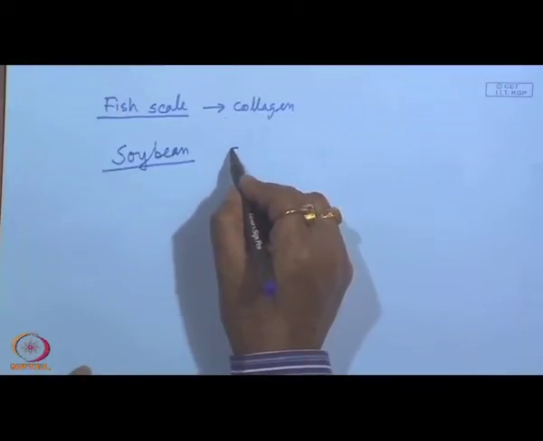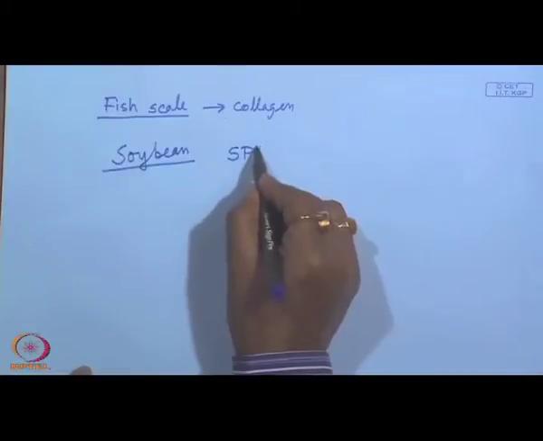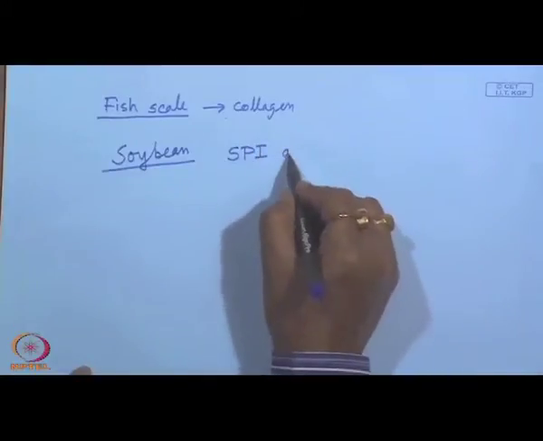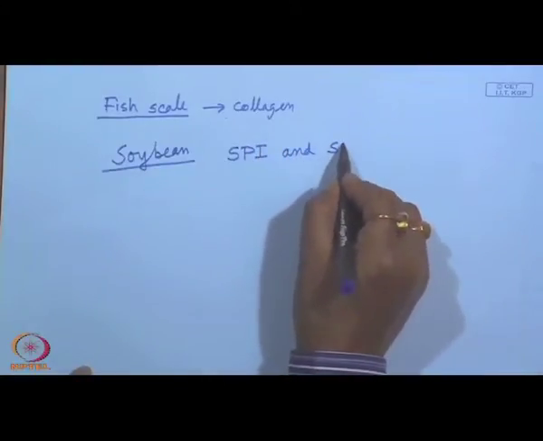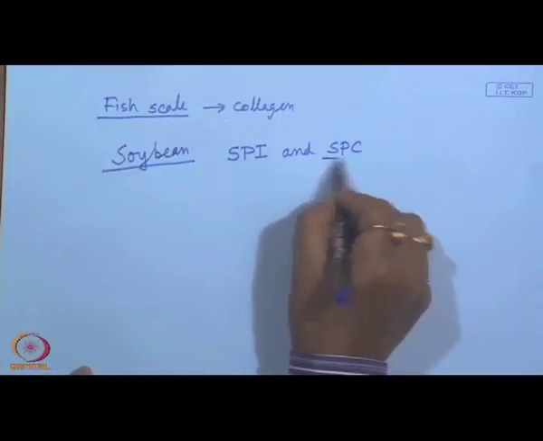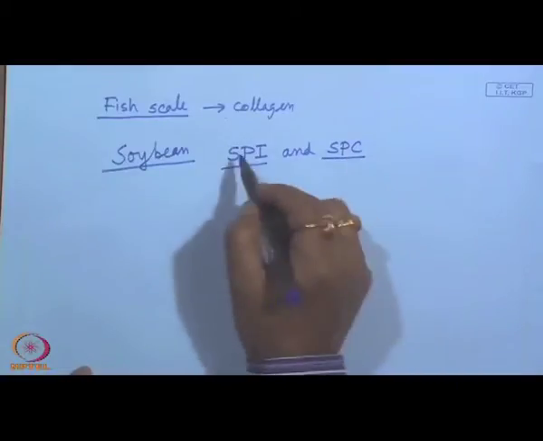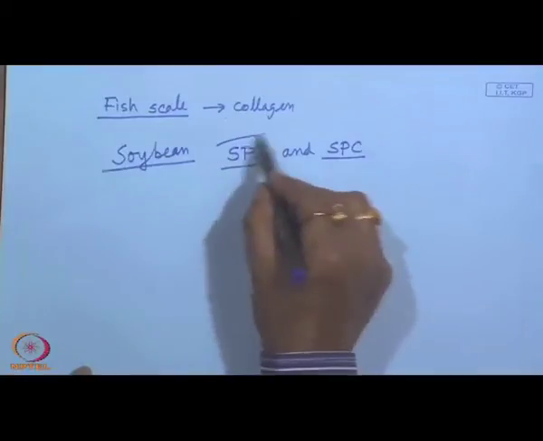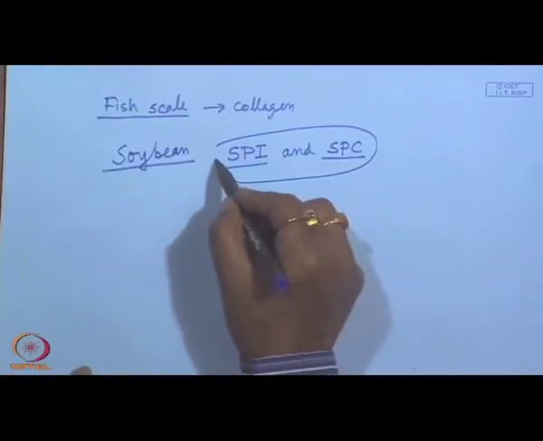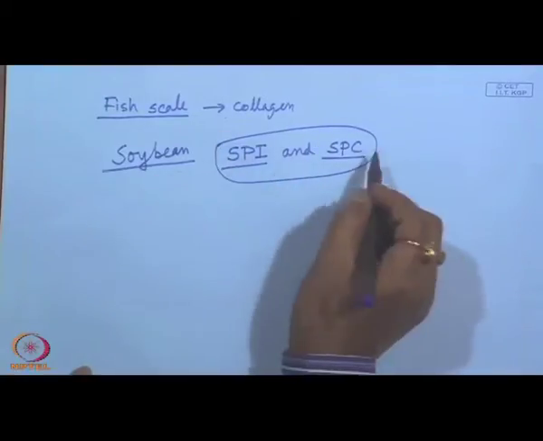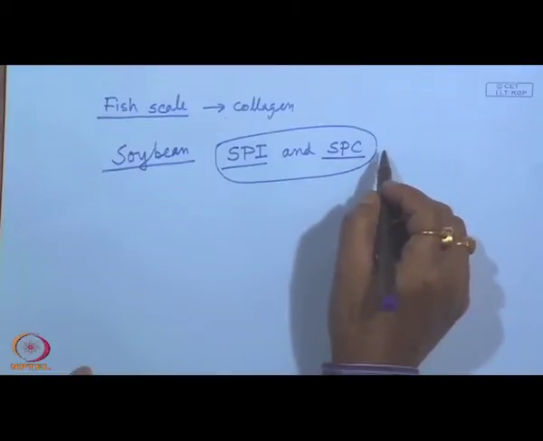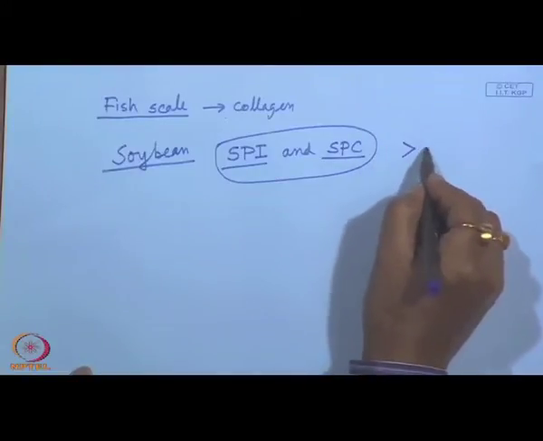One is soy protein isolate, SPI, and soy protein concentrate, SPC. The protein content in these two different soybean products is very high, more than 90%.